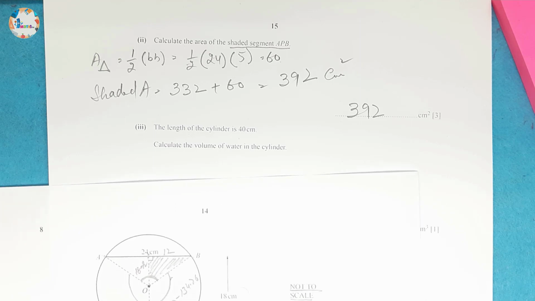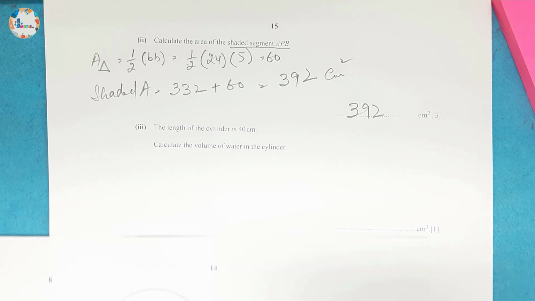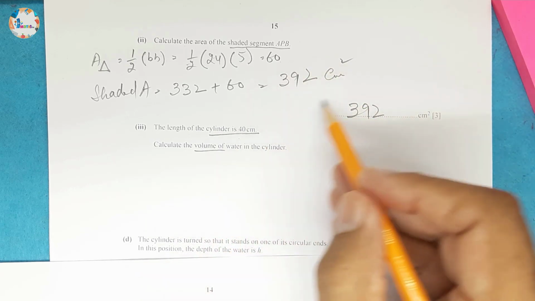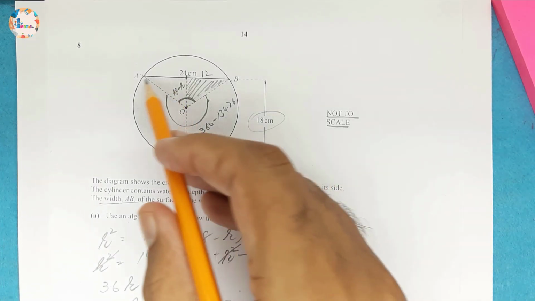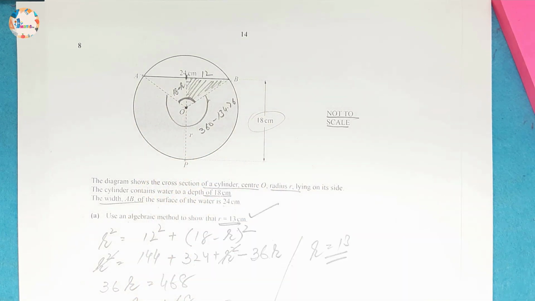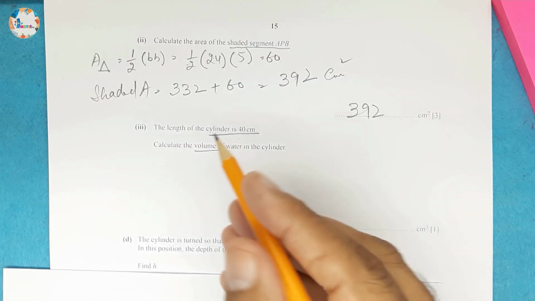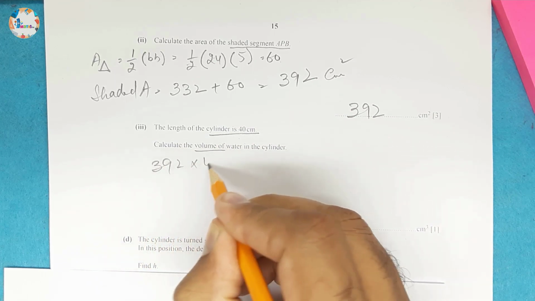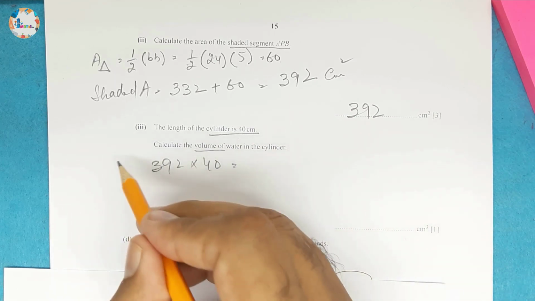The length of the cylinder is 40 centimeter. Calculate the volume. We have this shaded area, which is basically the facing area, right? So we will multiply this area by 40. So 392 multiplied by 40. Calculate the volume of water.